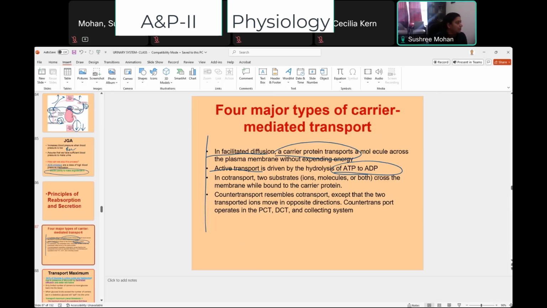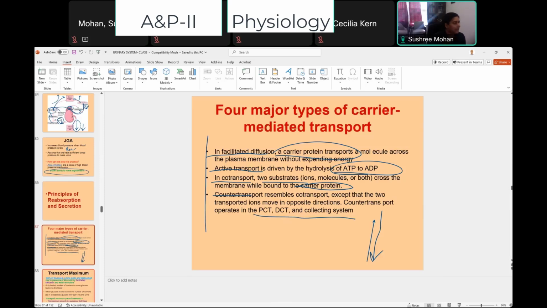In co-transport, 2 substrates cross the membrane while bound to a carrier protein. And then counter transport, that means one is going in this direction, the other is coming in the opposite direction. And counter transport operates in the PCT, DCT, and collecting system.